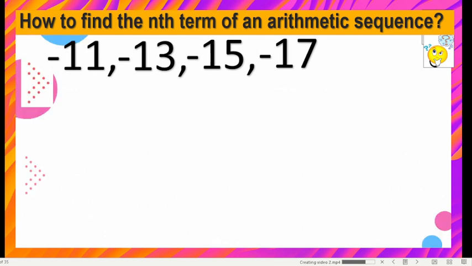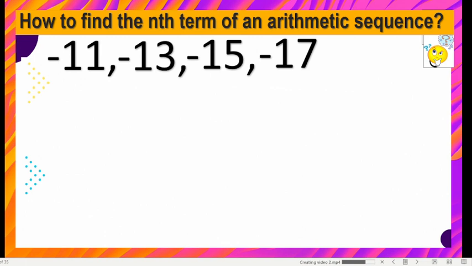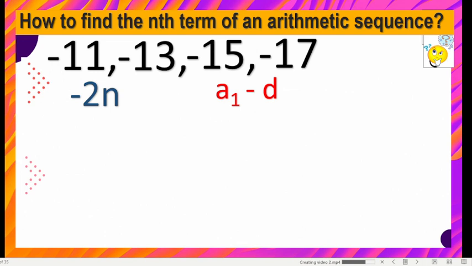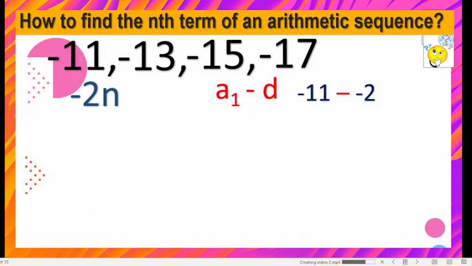Let's take another example. So, in this particular arithmetic sequence, the common difference is negative 2. So, hence, just write letter n beside negative 2. And then, subtract the common difference from the first term. So, we have negative 11 minus negative 2. Always remember that if the operation involved is subtraction, just simply proceed to addition but change the sign of the subtrahend.